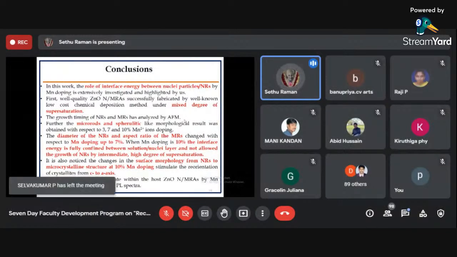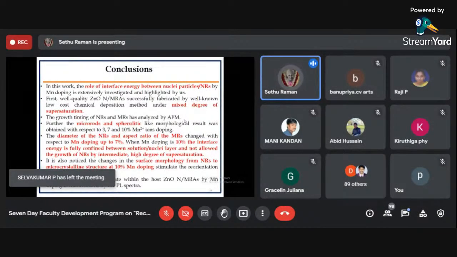With respect to the doping concentration, how the diameter of the nanorods and the aspect ratio of the micro rod changed. When the M doping is at 10%, the interfacial energy is fully confined between the solution and nuclear layer, and we are not allowed to grow the nanorods by intermediate and high degree of supersaturation.